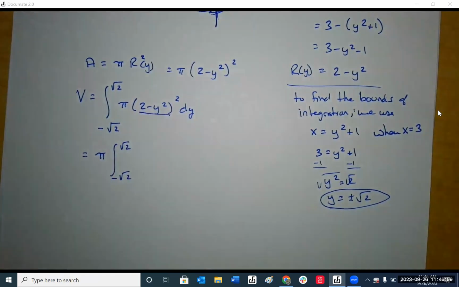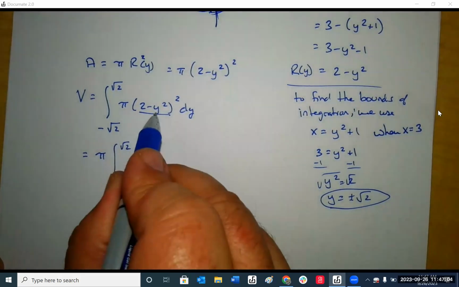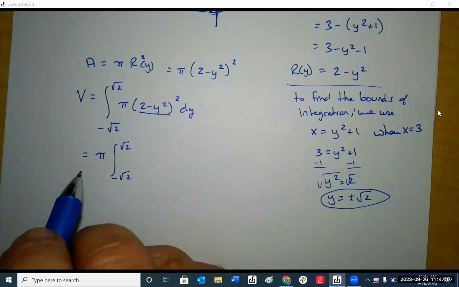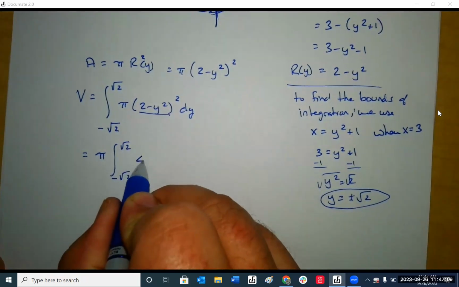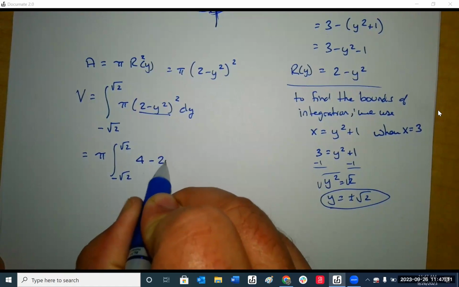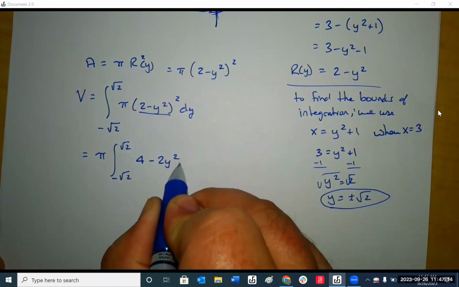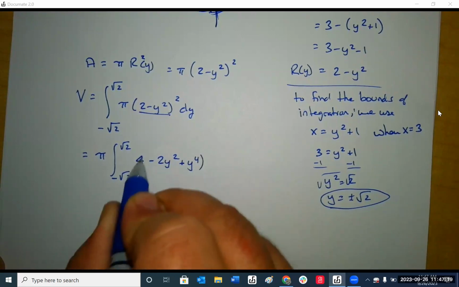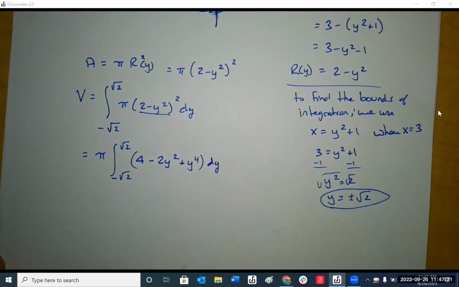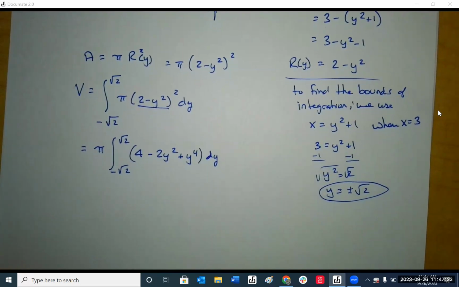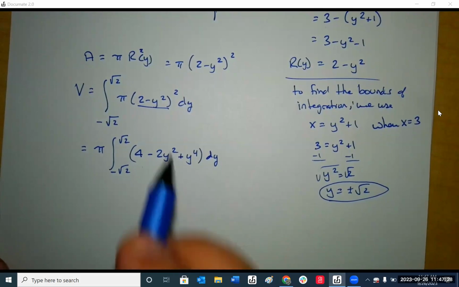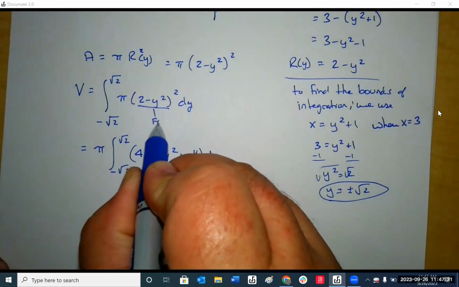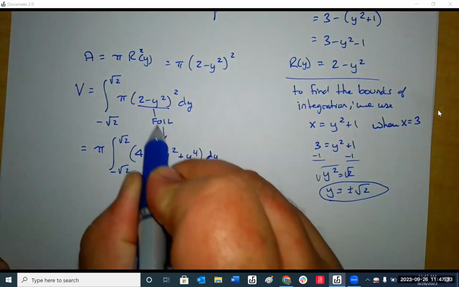We have to FOIL this one. 2 minus y squared times 2 minus y squared becomes 4 minus 2y squared plus y to the 4th dy. We had to FOIL, and that gave us that.